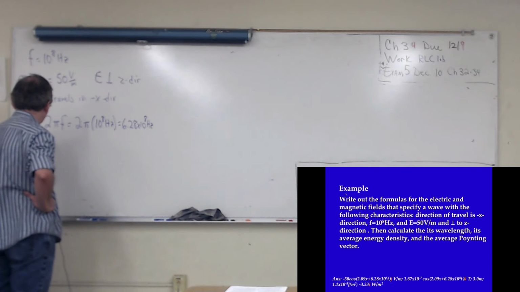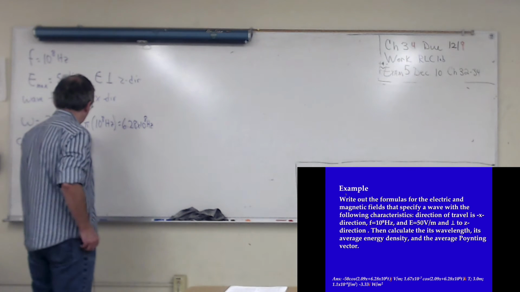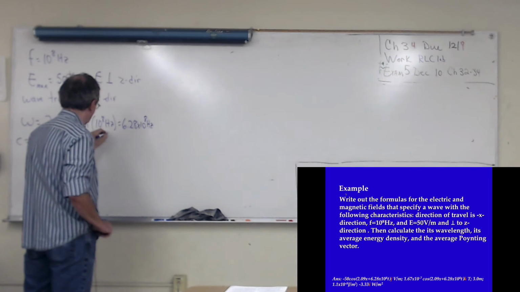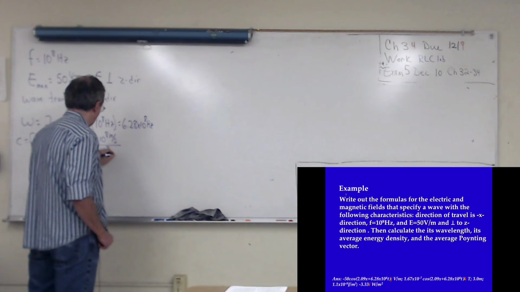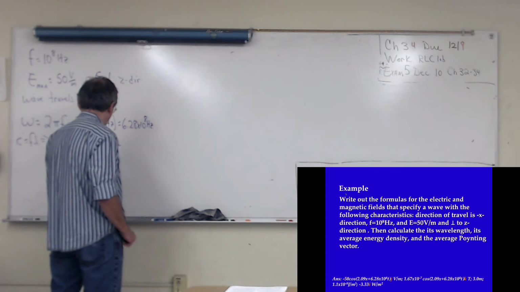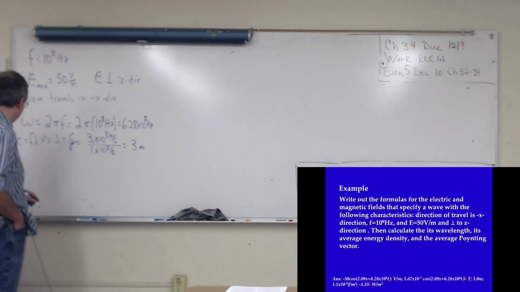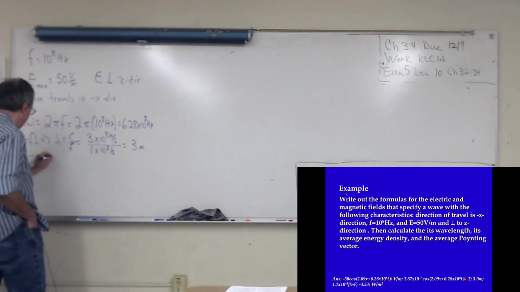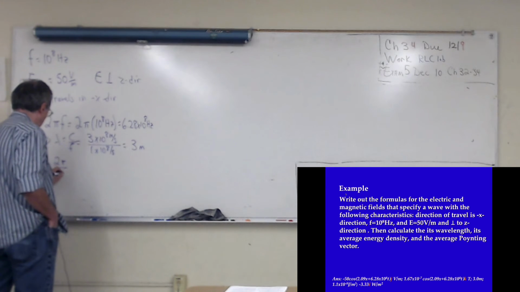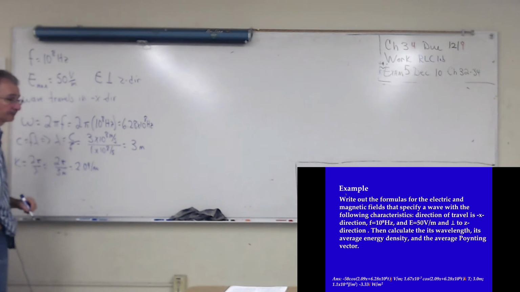So that means that lambda is c over f. Wavelength is 3 meters. What's k? k is 2 pi over lambda. Let's see, what else can we figure out?